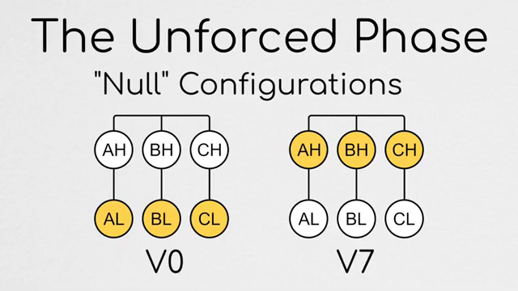It's the voltage differential that drives current. In both configuration 0 and configuration 7, the voltage differential across the motor is 0, and thus current is unforced, meaning it's just as free to flow as it would be if the motor leads were all soldered together. Essentially, we're achieving the same result that we had during the unforced phase of complementary switching, just with all three phases instead of just two. But when do we use configuration 0 and when do we use configuration 7?